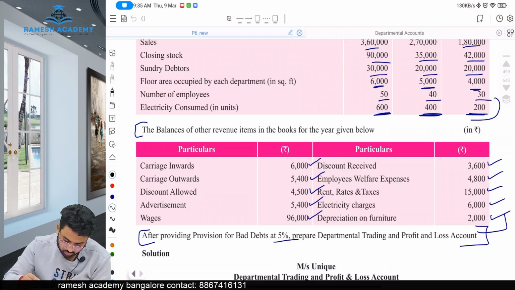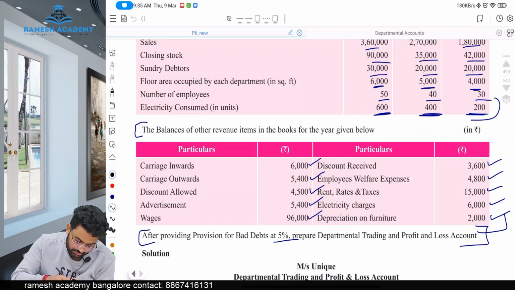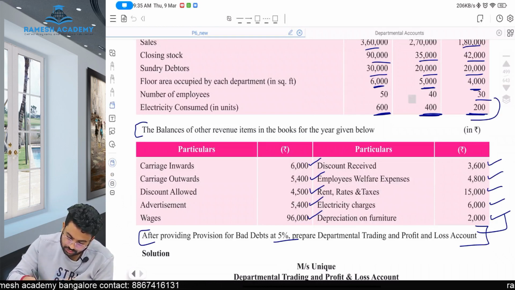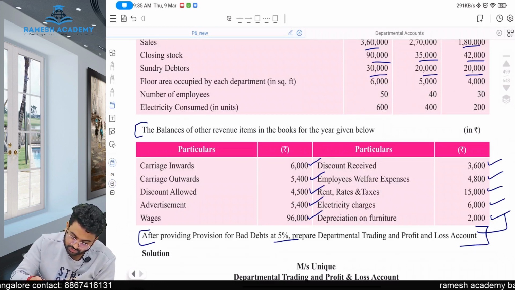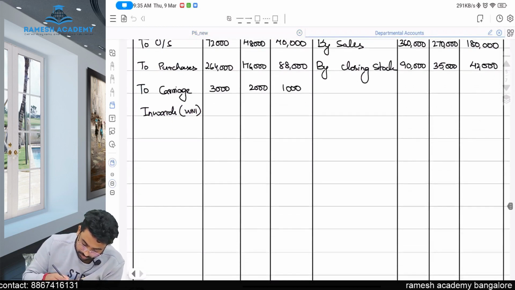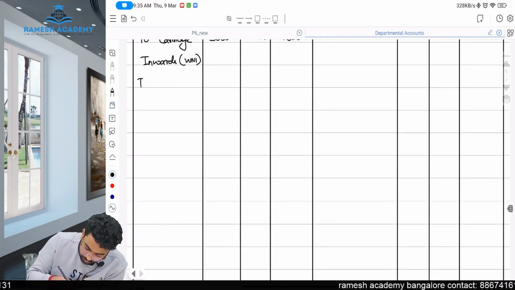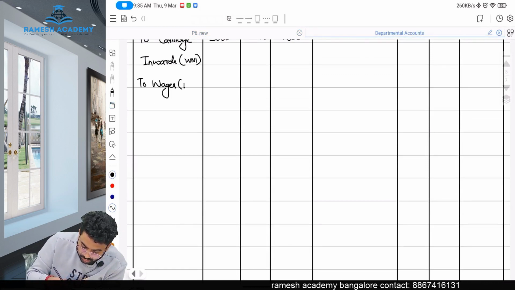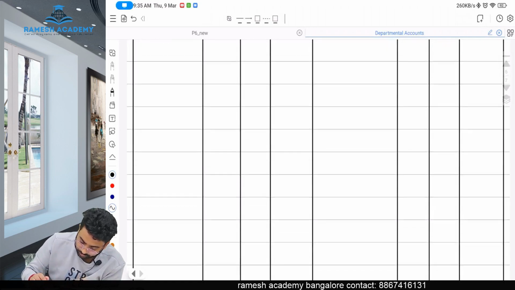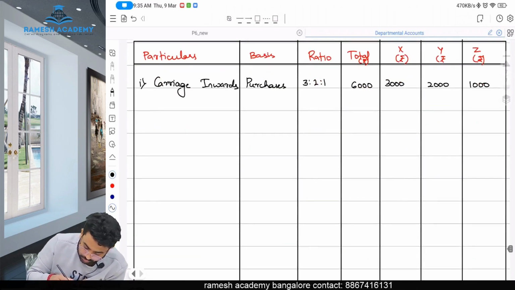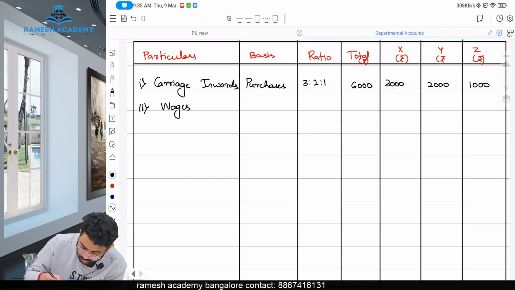They have given the number of employees: 50, 40 and 30. In working note number 1, we are going to allocate wages. The basis is number of employees.